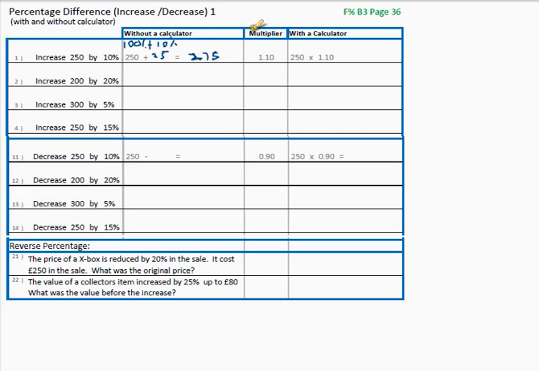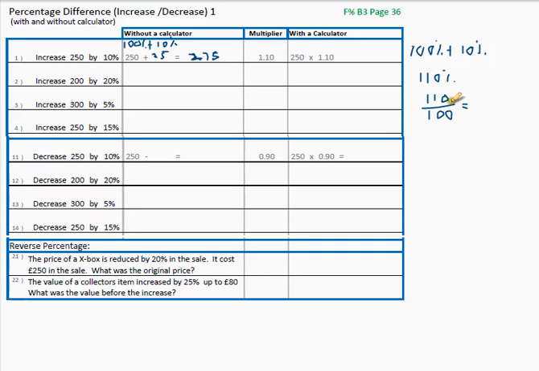Now we're going to look at a multiplier to do it with our calculator. So if we think of 100% plus 10%, that is 110%, which is 110 out of 100, which is 110 divided by 100.